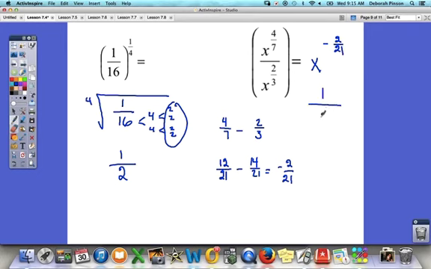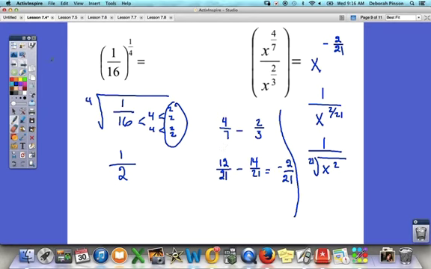First of all, I'm going to put that in the bottom of the fraction to take care of the negative exponent. And then I'm going to go ahead and change it over. Now, on this one only, we're not going to worry about rationalizing because I gave you one that's messier than I would ask you to rationalize. So we're going to leave it this way. Typically, you would rationalize.